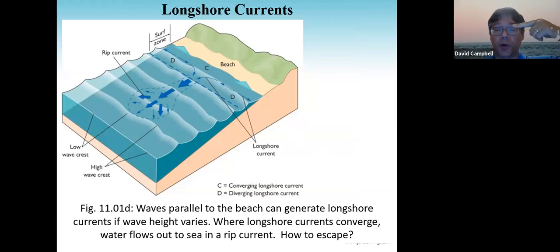Well, if two are coming at each other, water has to go somewhere. And so you will set up a narrow rip current going out to sea where those two longshore currents run into each other.